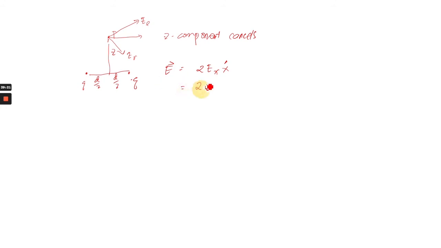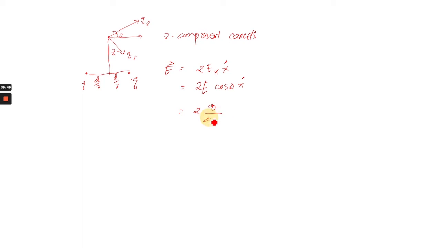Rewriting this one, we have 2E, and the x component, where this is theta, is cosine theta x hat.